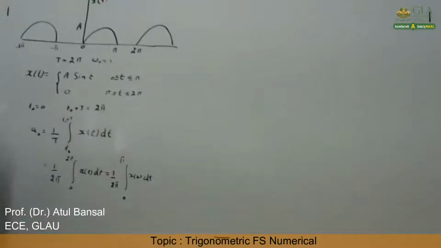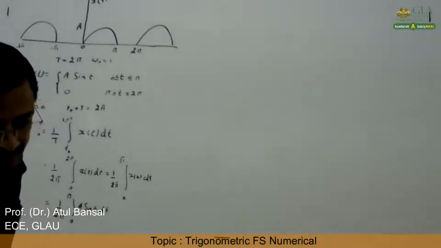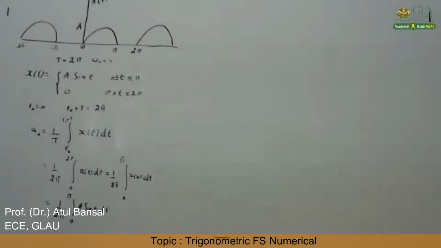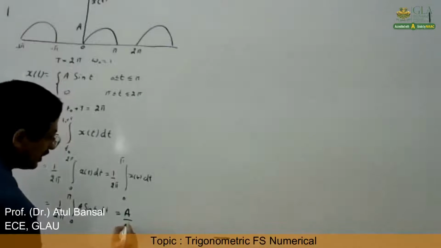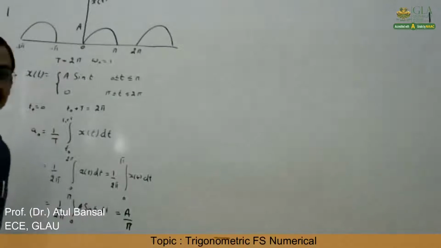So we can write that. Right? So we get A sin t dt, and if we solve this, the integral of sine would be minus cos. Putting in the limits, the answer would come out to be A upon pi.